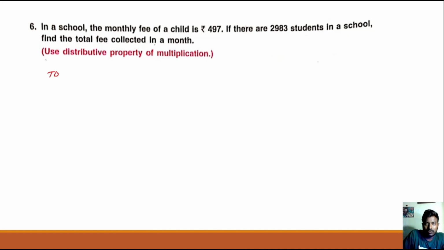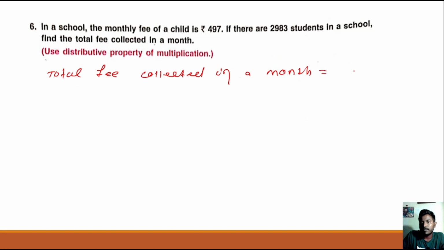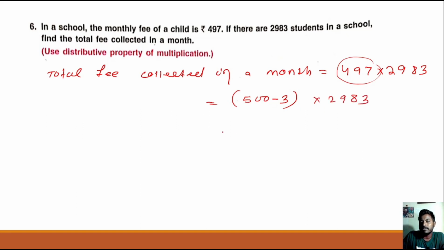So write down total fee collected in a month is equal to 497 into 2983. So we can write 497 as 500 minus 3 into 2983.